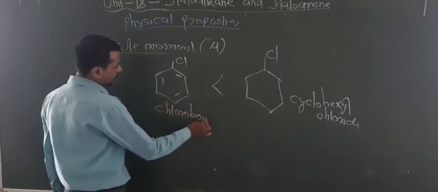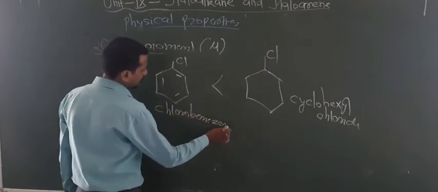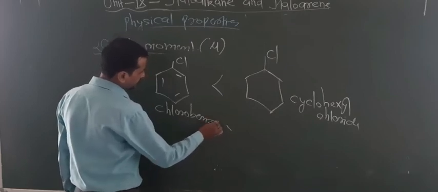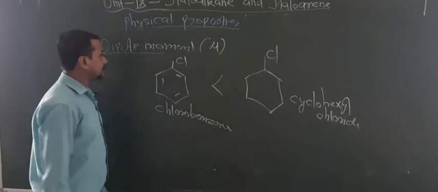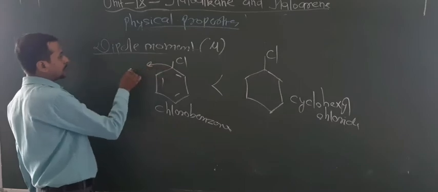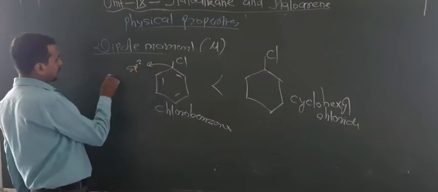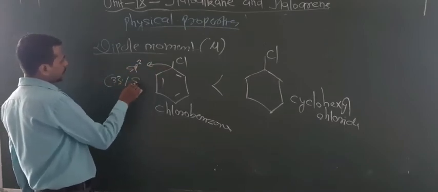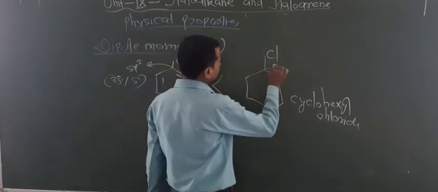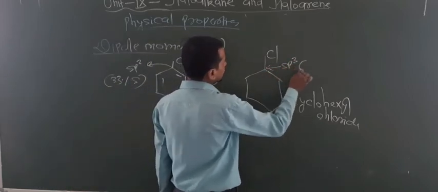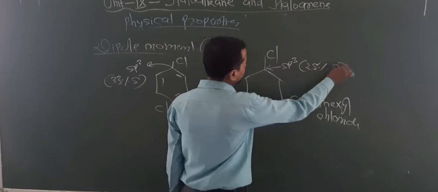So now look at the conditions. The carbon to which Cl is attached is sp2, that has 33% s character. This carbon is sp3 hybridized, that has 25% s character.